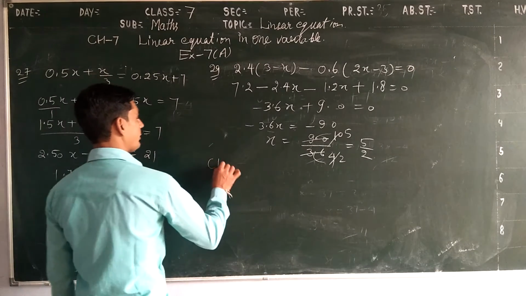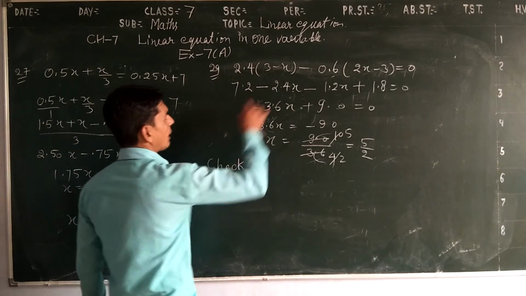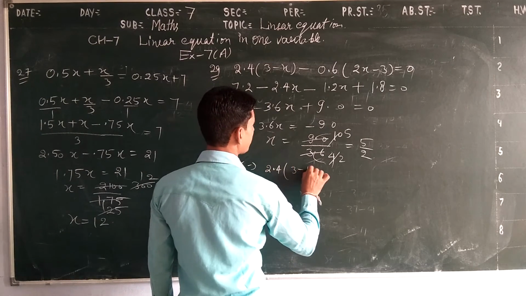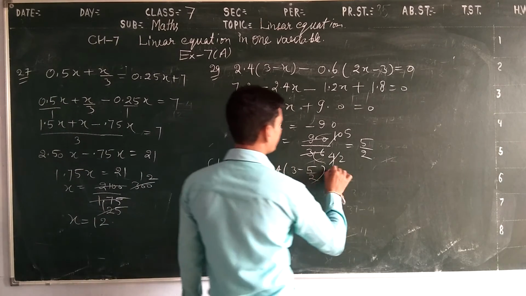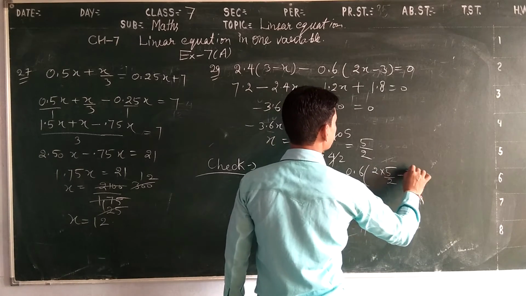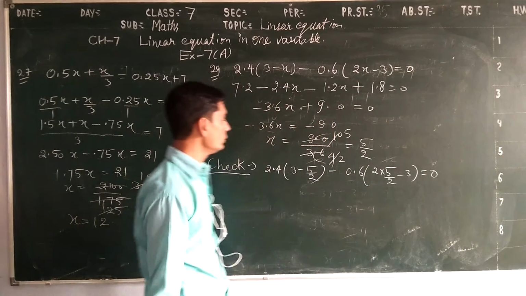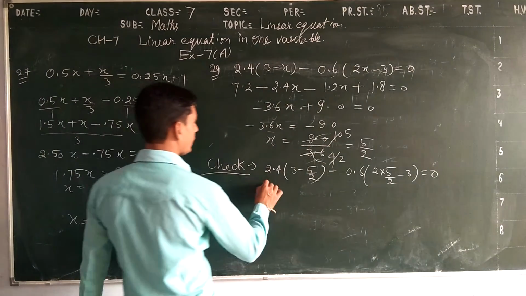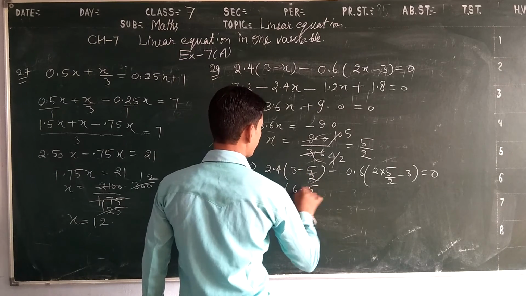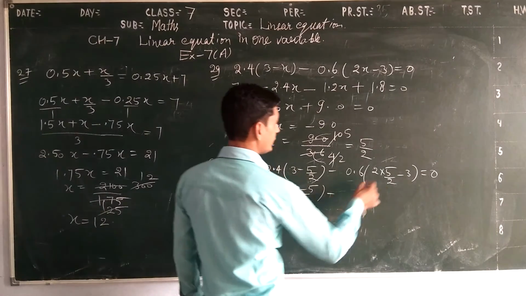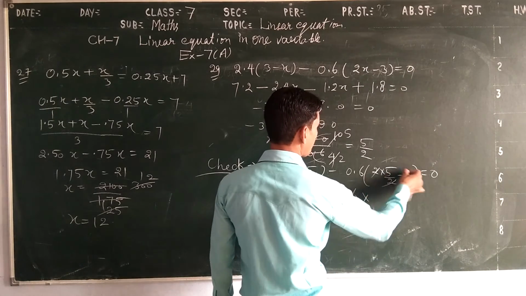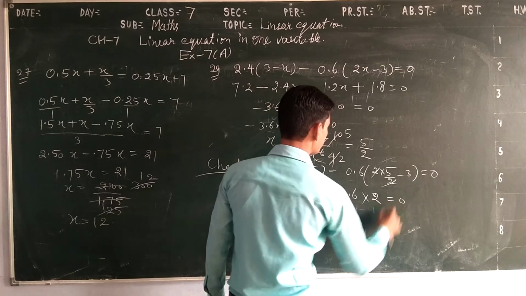After this we will check. Put this value in the given equation: 2.4 as it is, 3 minus 5 upon 2, and minus 0.6 as it is, 2 multiply 5 upon 2, and minus 3 equals to 0. So let's solve. 5 2 3s are 6 minus 5 upon 2, and here 2 cancels 2, 0.6 multiply 5 minus 3 is 2, equals to 0.